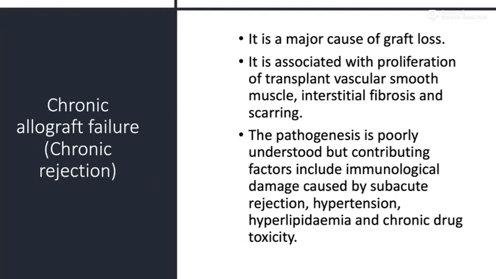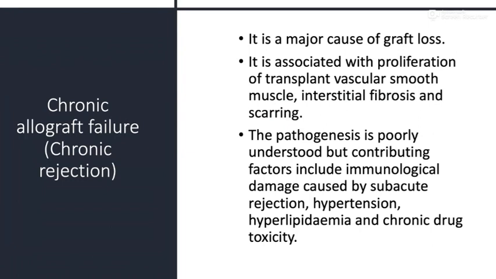We call it plasmapheresis. Chronic allograft failure, or chronic rejection, is a major cause of graft loss. It is associated with proliferation of transplant vascular smooth muscle, and interstitial fibrosis and scarring.